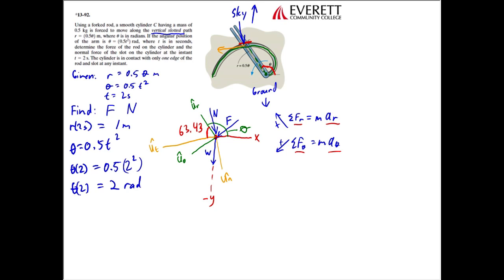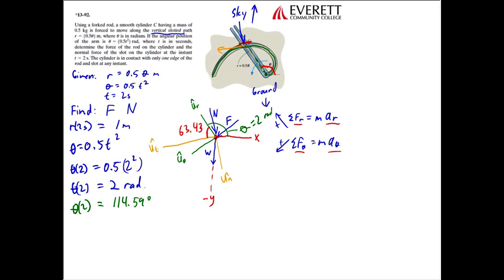Okay, we have both the angles that we need then. And we can write here that theta is equal to 2 radians. And if you like, you can convert that 2 radians to degrees. So the theta at 2 in degrees is 114.59 degrees.